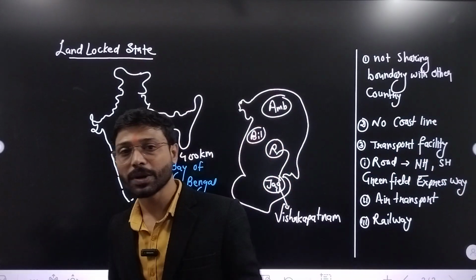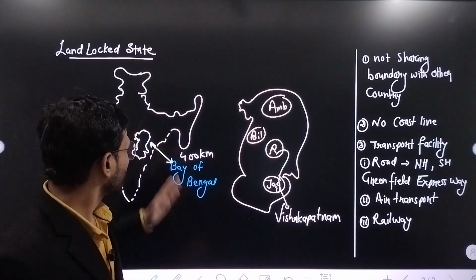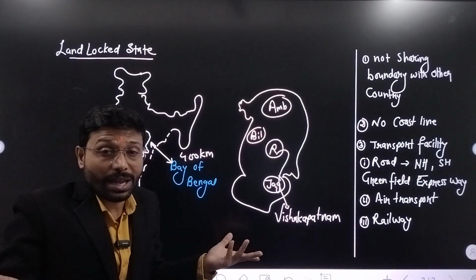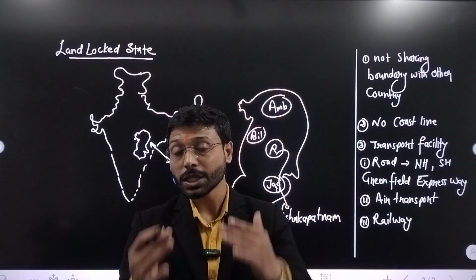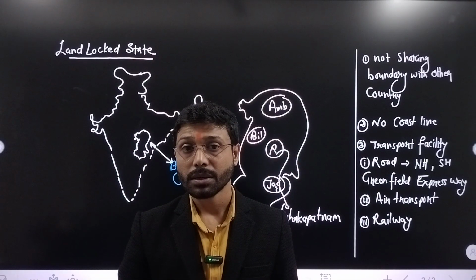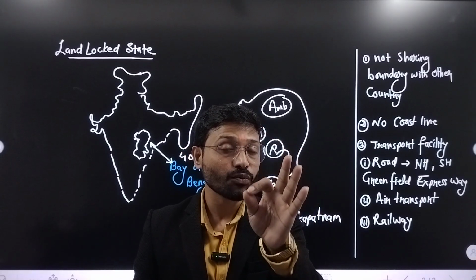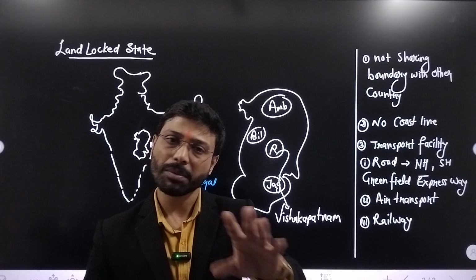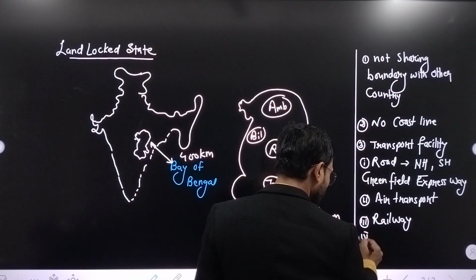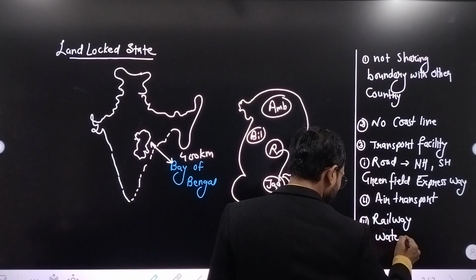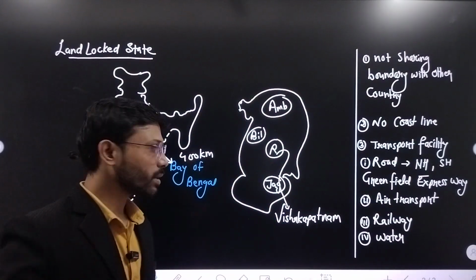Because to have a water transport facility, either you must have a coastline, but we don't have any coastline facility, or you have a big river. This is the reason why they ask a question about the water transport facility of Chhattisgarh. That's why I'm giving you the fact. So we have the water transport facility also. Where? See.